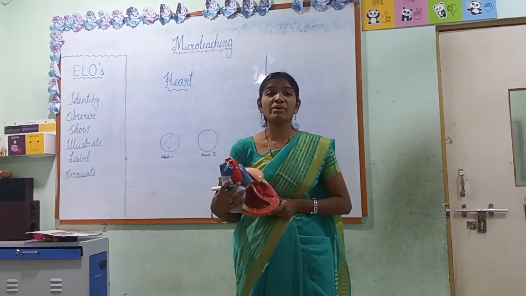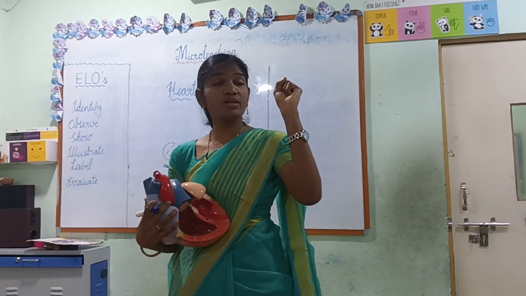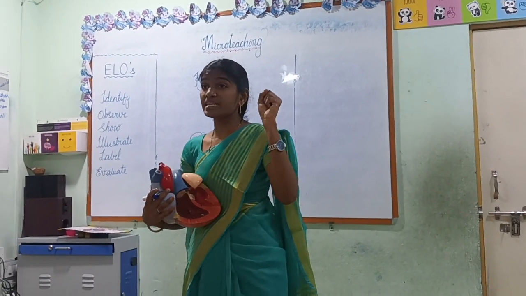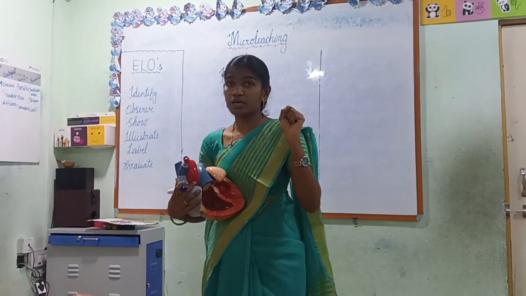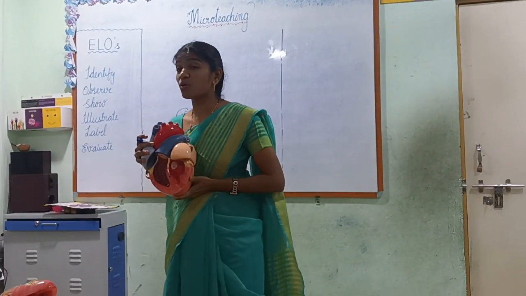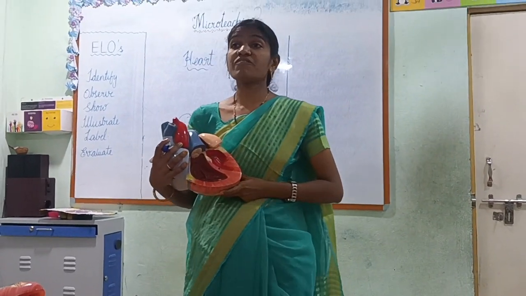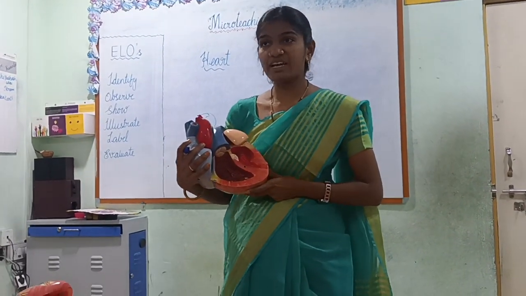Okay, children, all of you make a fist like this. Look at it. It is approximately the size of the heart. The heart is made up of a special type of muscle called cardiac muscle, which we cannot find anywhere else in our body.